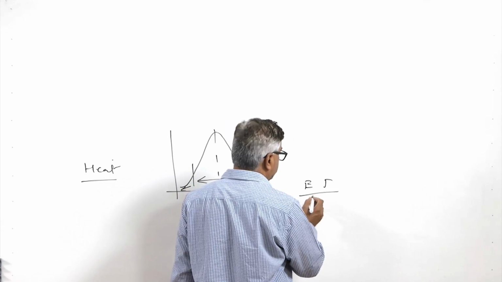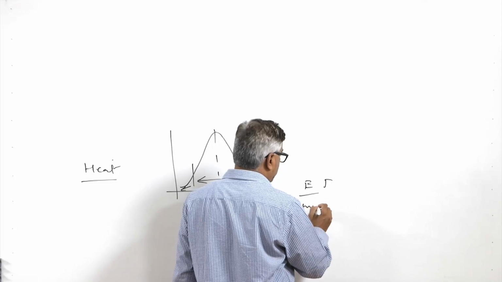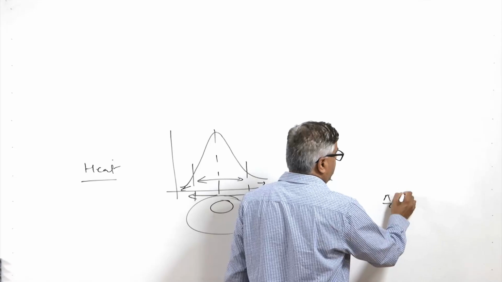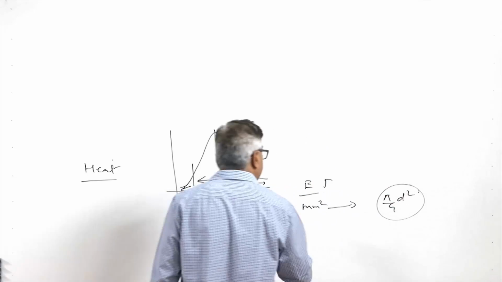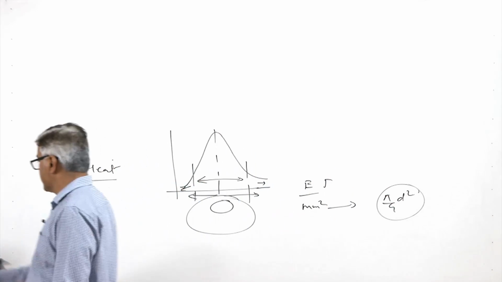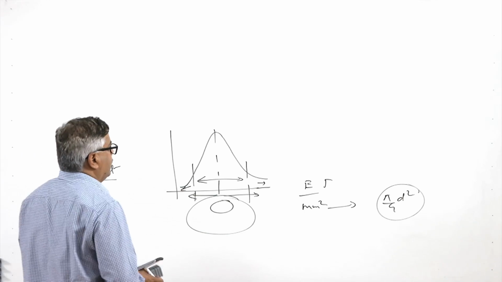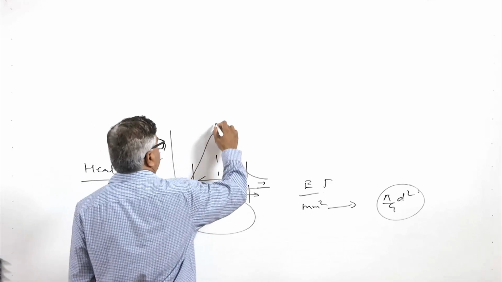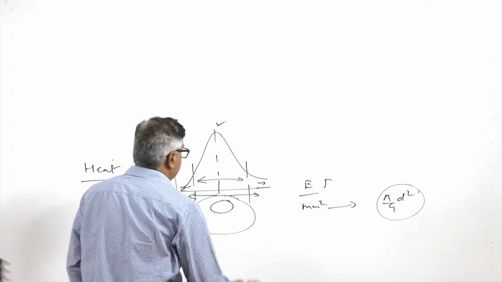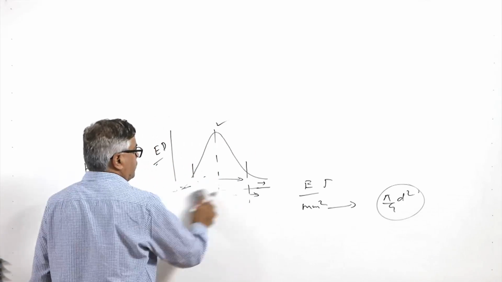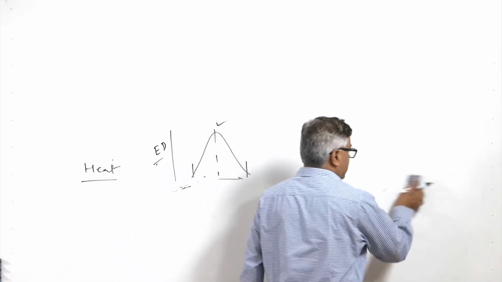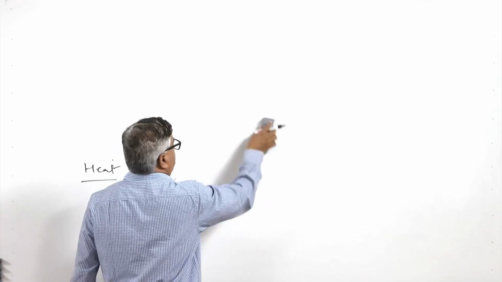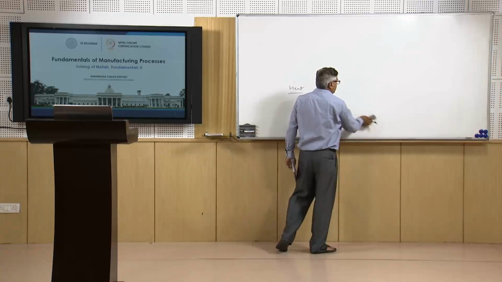So, energy density is joule divided by the area in mm square, with area pi by 4 d square, where d we can select as per the location of interest. This tells us the energy density will be maximum at the center, and it will keep on decreasing on approaching from the center towards the surface of the heat source, like it may be flame or it may be arc.